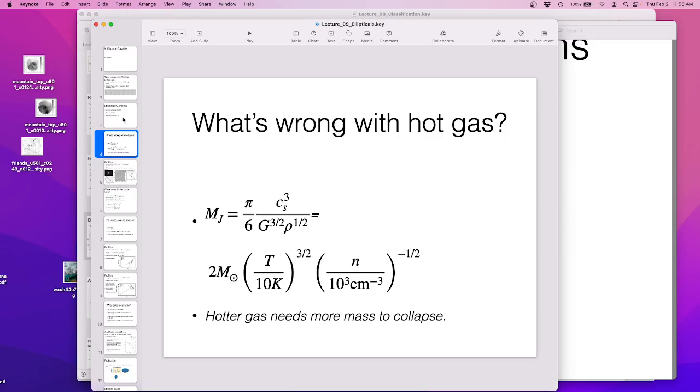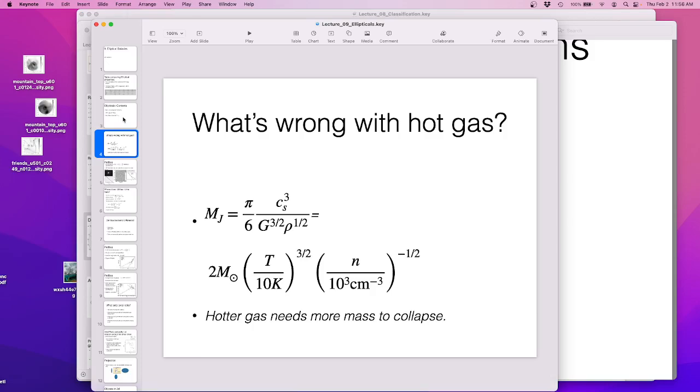So I'm going to derive in a minute something called the Jeans mass. To put it really short, if I have a gas with a temperature T, which here is hidden in the sound speed, and a density rho, then that gas will break under gravity into chunks about this size.